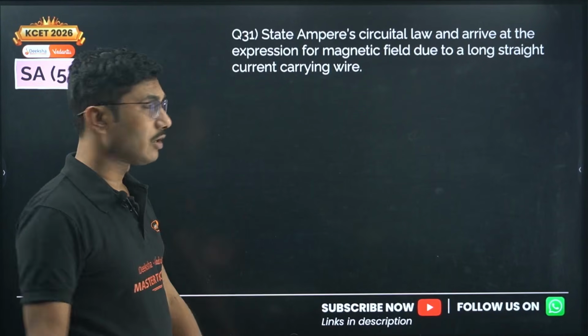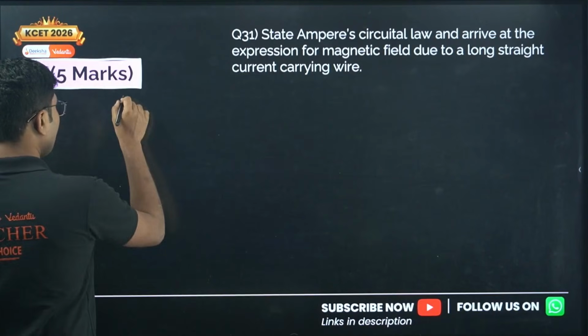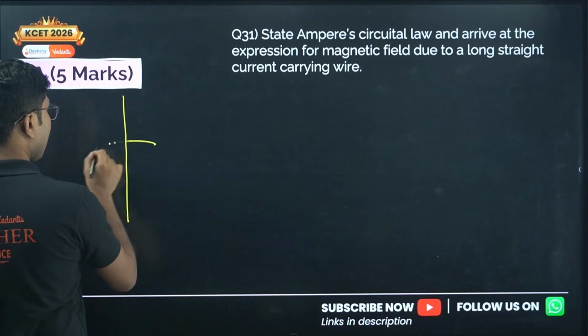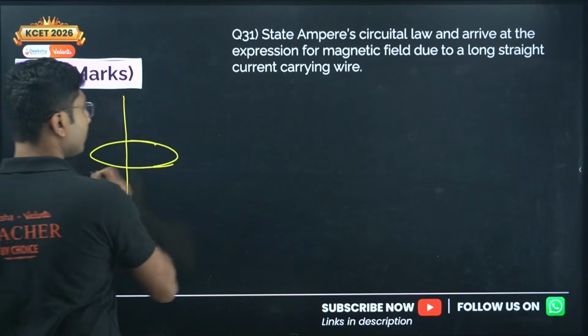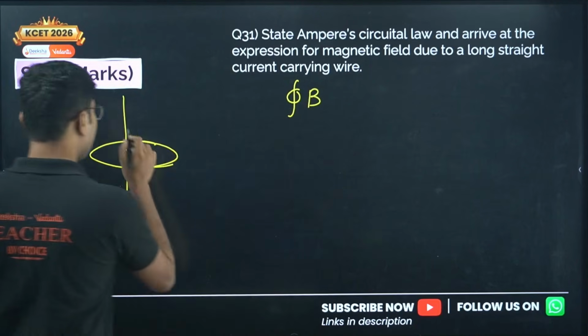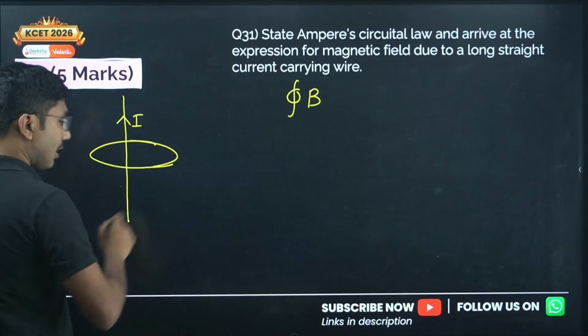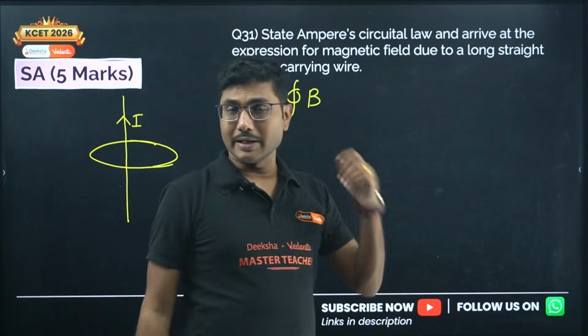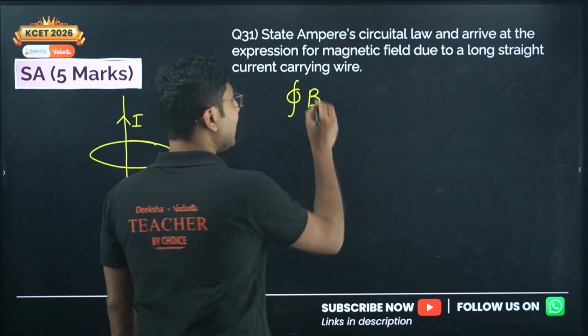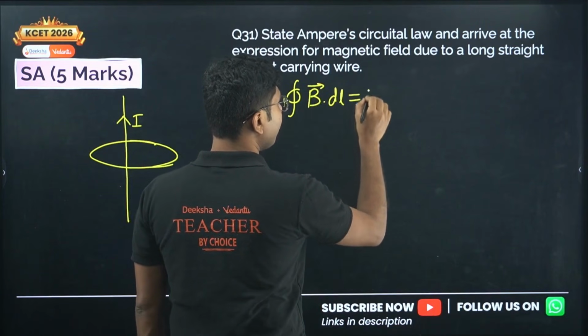So Ampere circuit law statement is: if a current passing through a closed loop is I, and the magnetic field along the closed loop at any point is B, then the closed loop integral of B dot dl equals mu naught I.